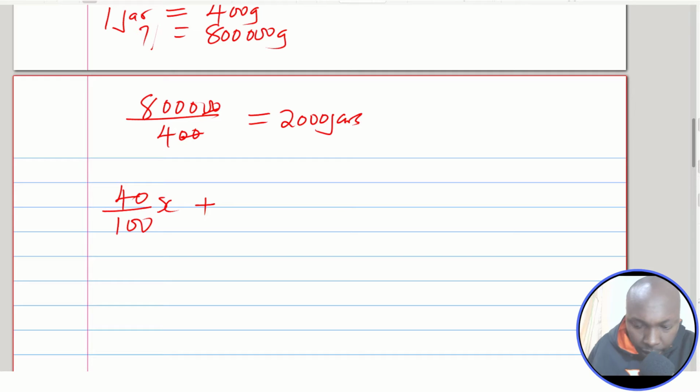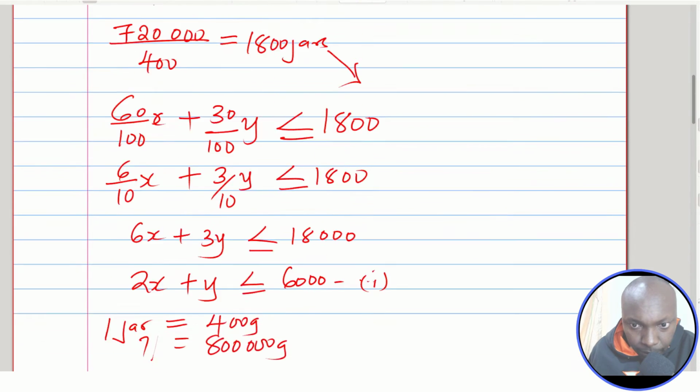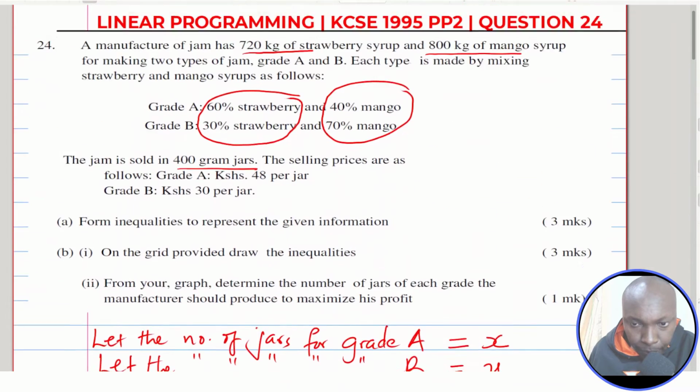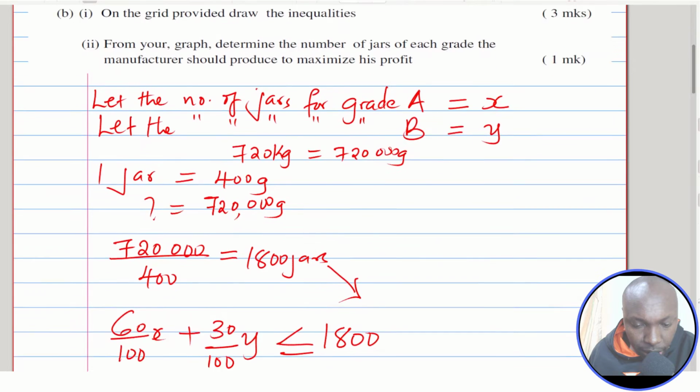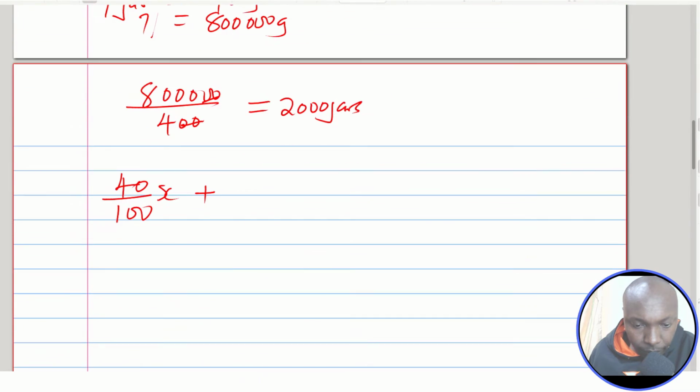Then the other percentage is 70% mango for grade B. So that one would be 70 over 100, multiplied by the number of jars for grade B, which is y.